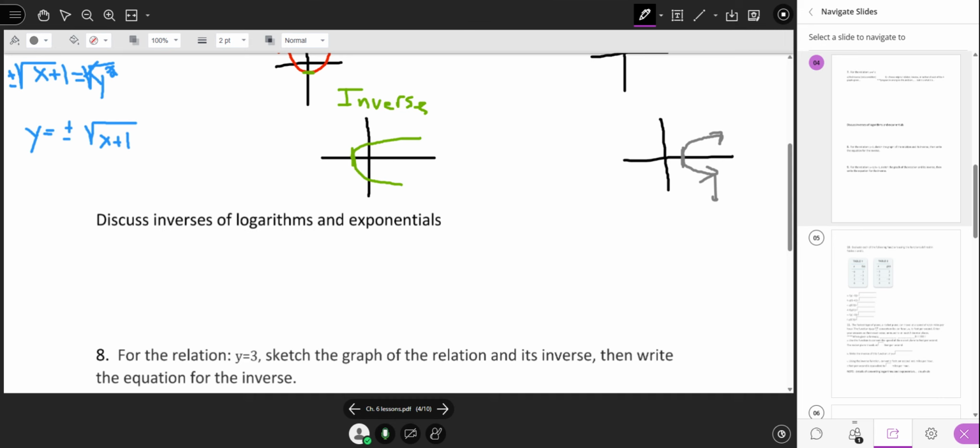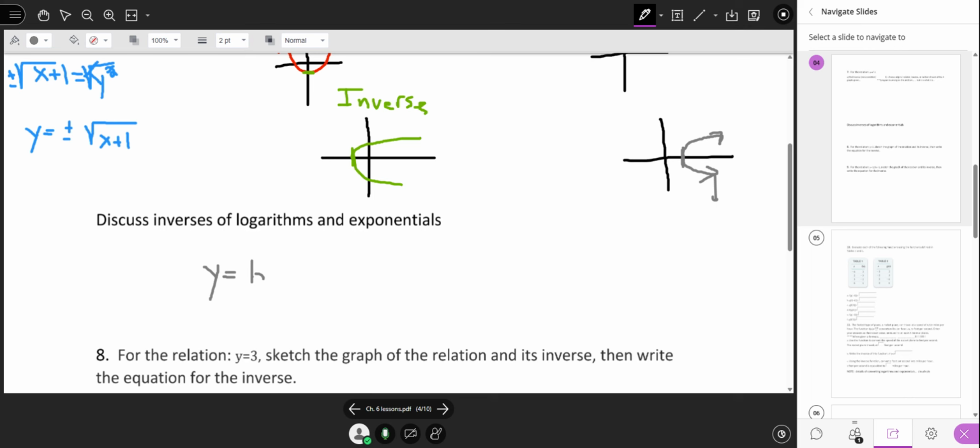By the way, logarithms and exponentials are inverses of each other, okay? And a way to explain that is this way.